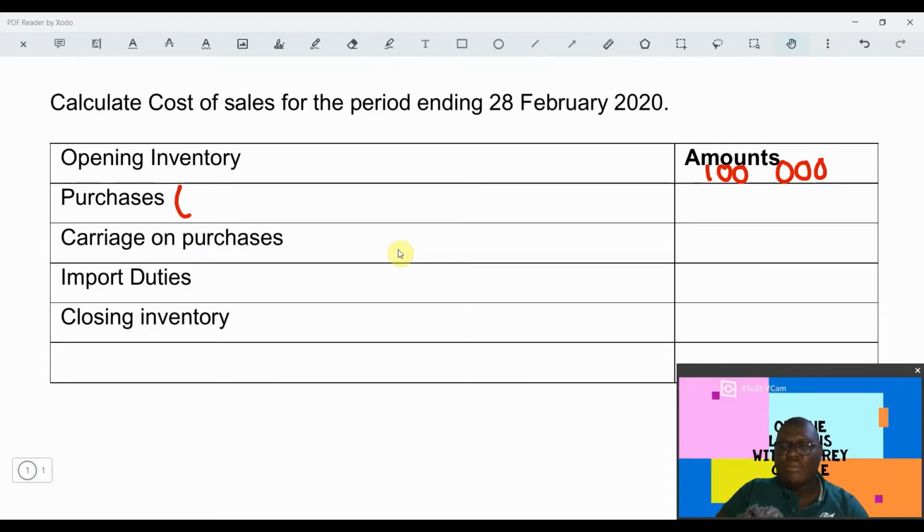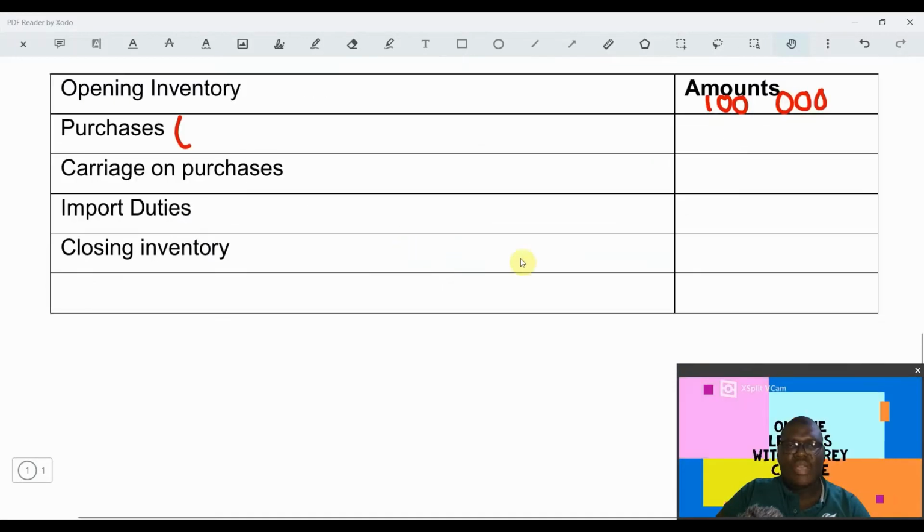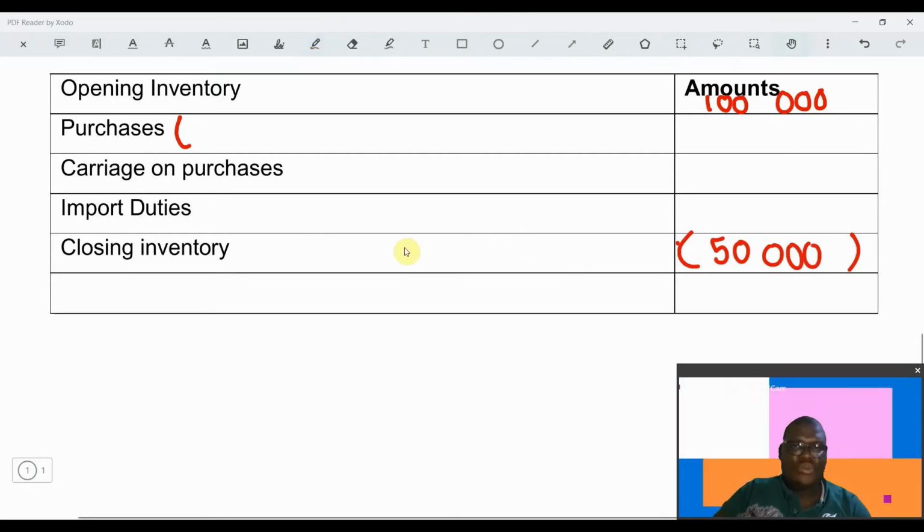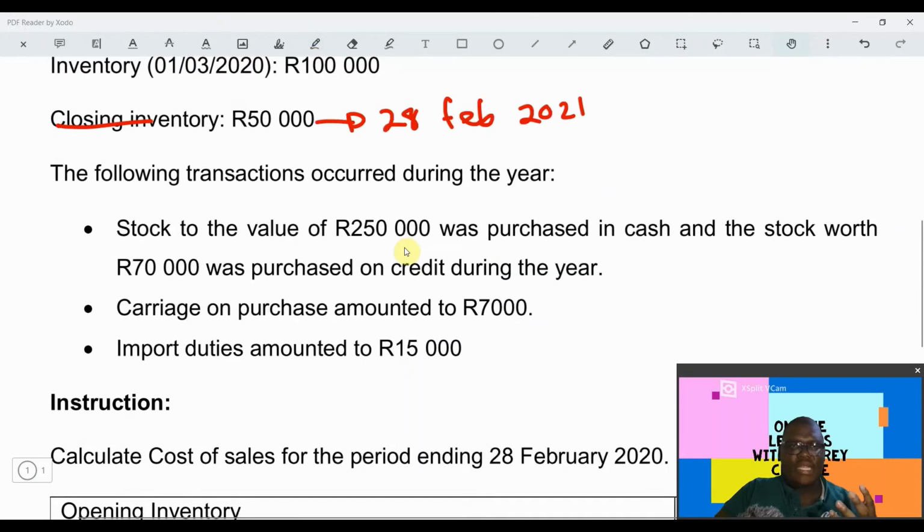So on the closing inventory part, we're going to have 50,000 in brackets because this stock was not sold.